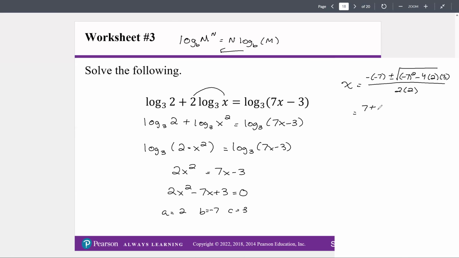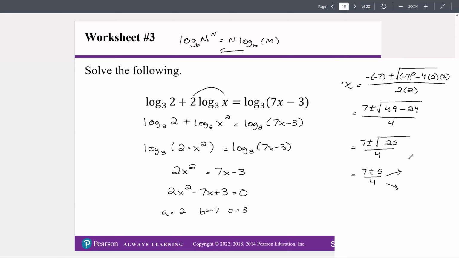So I have 7 plus or minus the square root of 49 minus 24 over 4. So this is 7 plus or minus the square root of 25 over 4. So this is equal to 7 plus or minus 5 over 4, meaning I have two different answers.